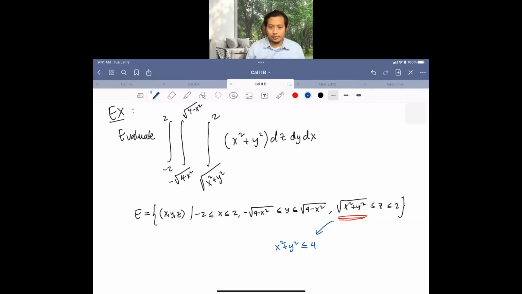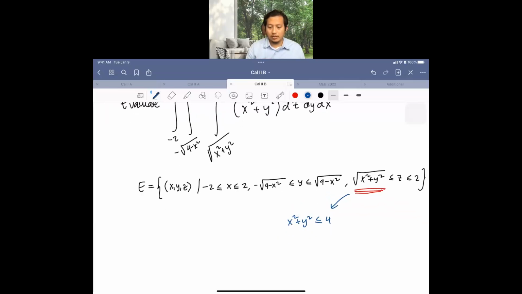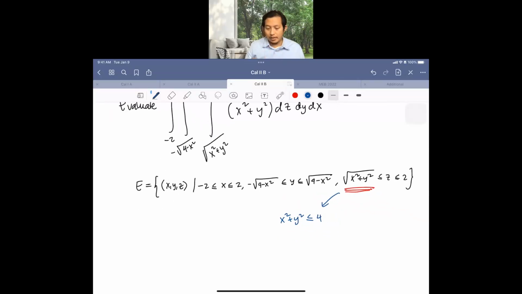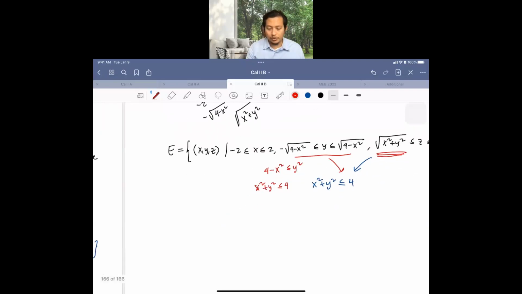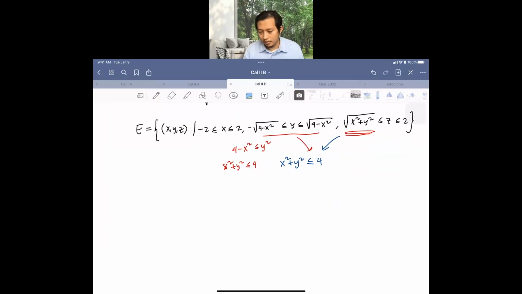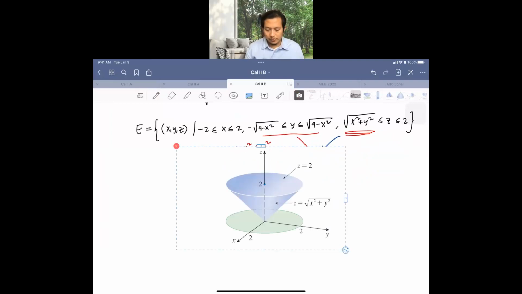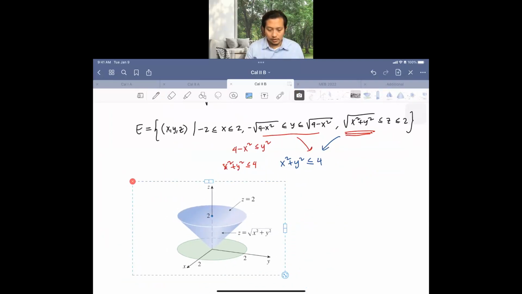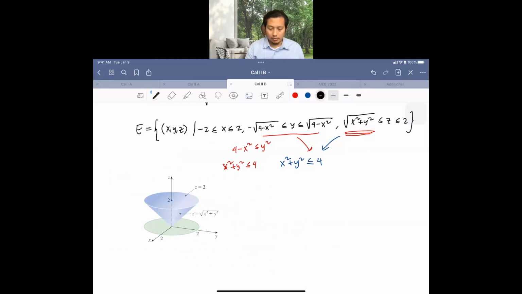So if we would like to look at what it looks like, I believe this will be very consistent if we look at the second one. We have 4 minus x squared, or we have x squared plus y squared, so it could be consistent, and we could sketch the upper and lower surface.